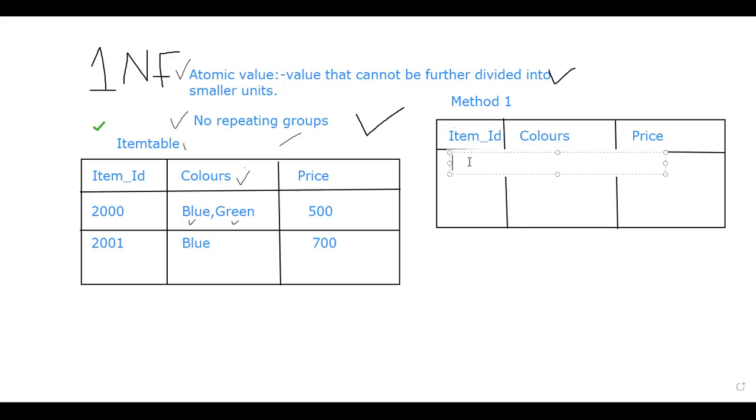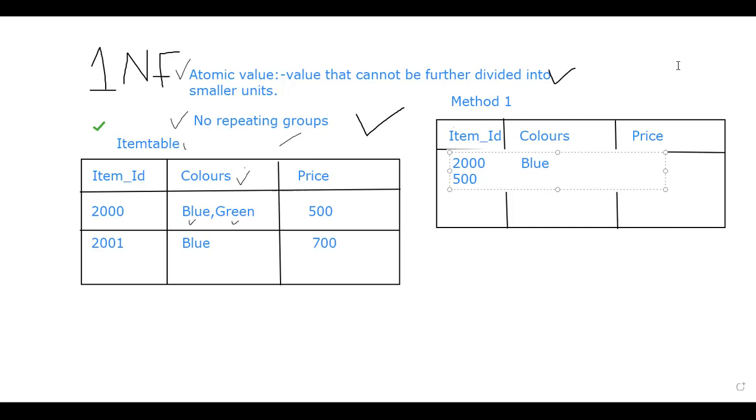So item ID is the primary key of the item table. So here I'm going to say 2000, here I'm going to say 2000, and let me say the color here as blue. And the price here is going to be 500. So I have written that as it is.